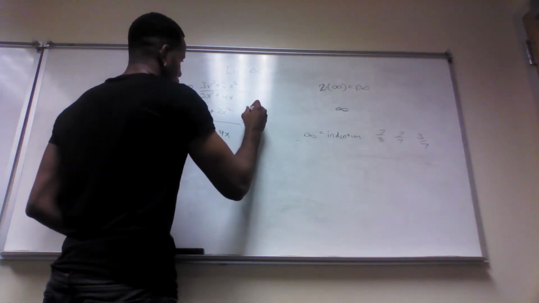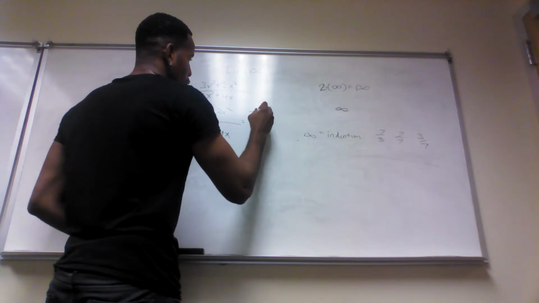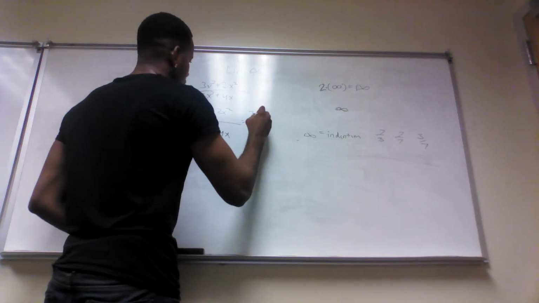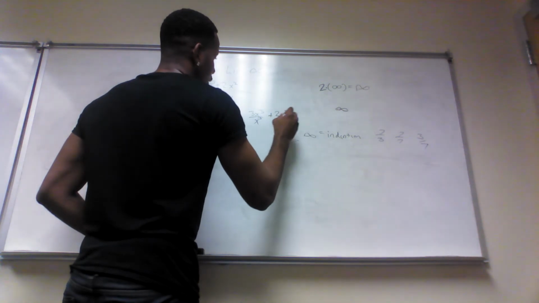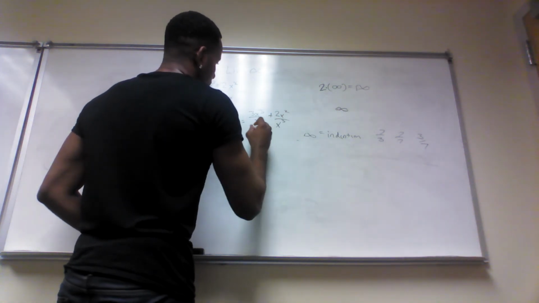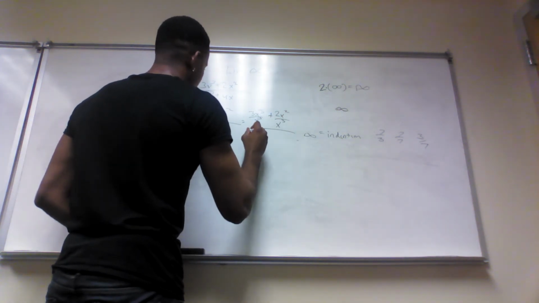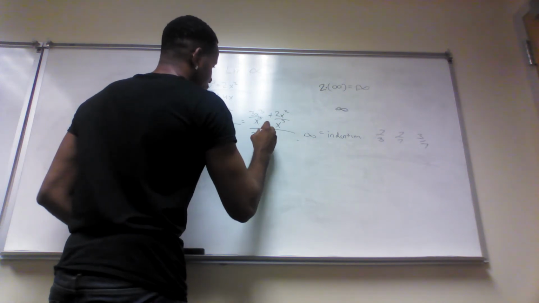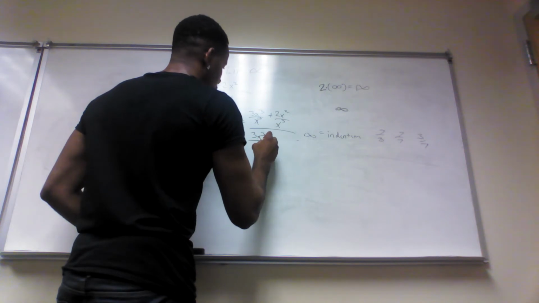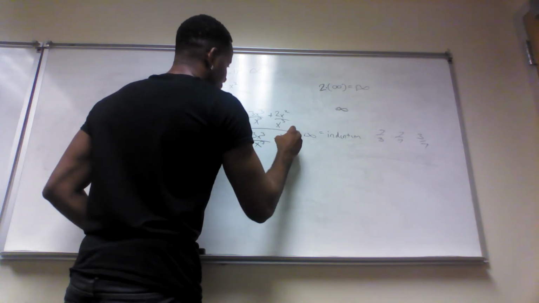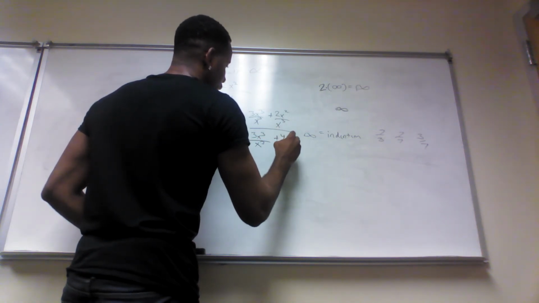So we're going to have 3x cubed over x cubed plus 2x squared over x cubed, all over 3x cubed over x cubed plus 4x over x cubed.